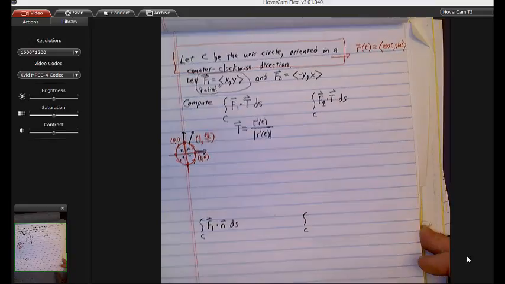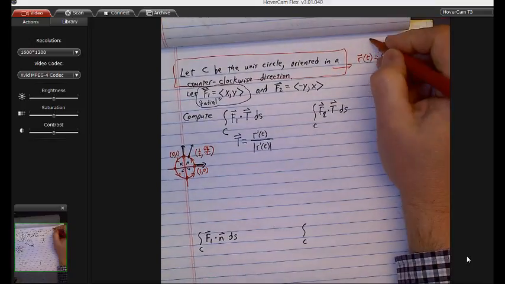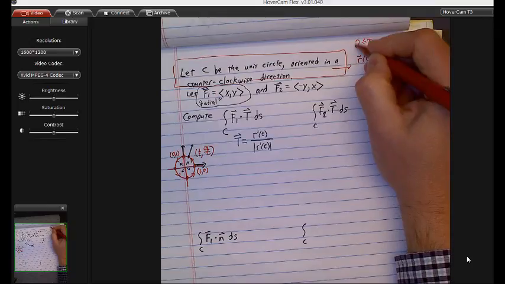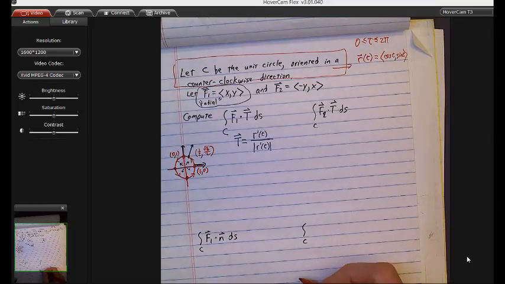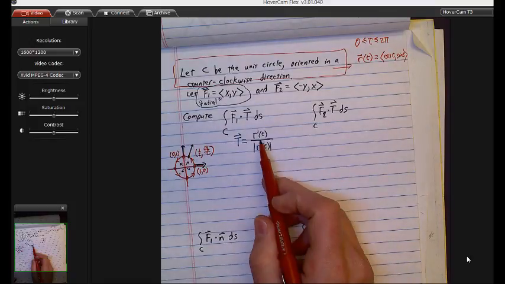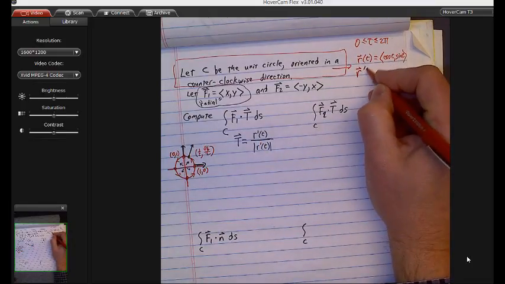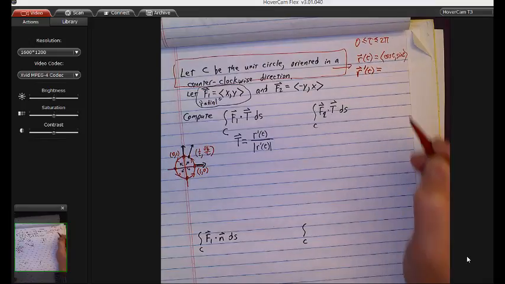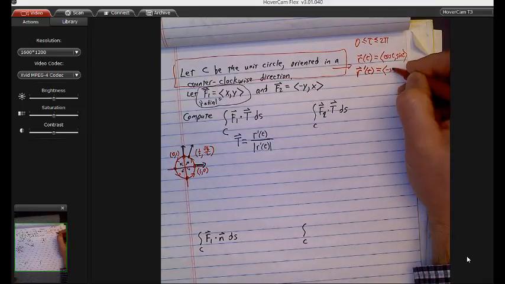By the way, that will work if I let t range from where to where? Well, let's say 0 to 2 pi, right? So that'll be my r of t. And if I'm going to use this formula, I'll need r prime of t, which is going to be, well, negative sine t, cosine t.